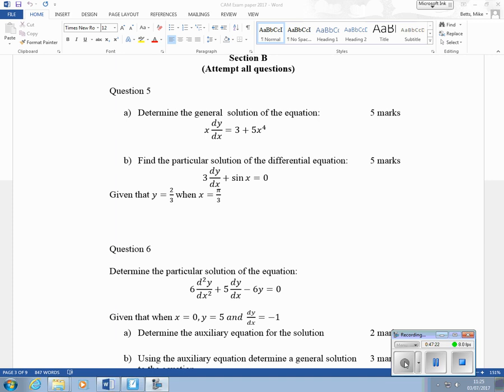A particular solution is where, once you've solved it, you put in the details you've been given and find out what the constant of integration is to get a definite solution. What I'm going to do is go through it, because finding the general solution here is the issue, essentially.